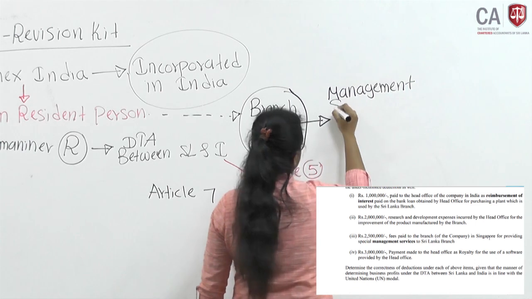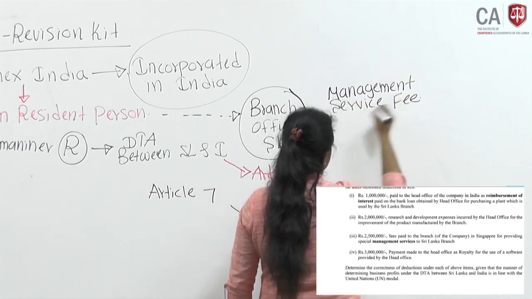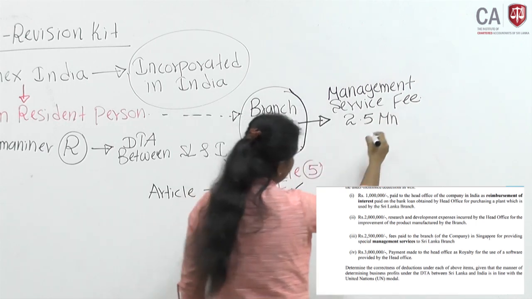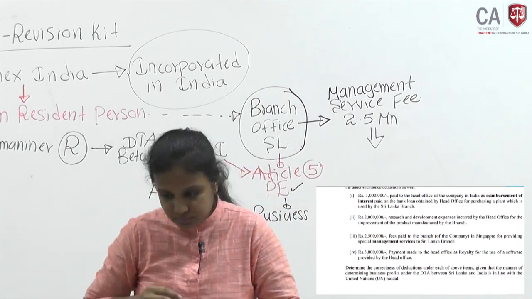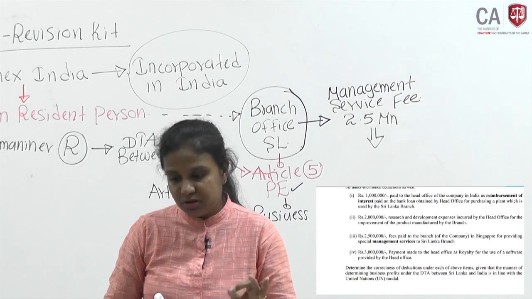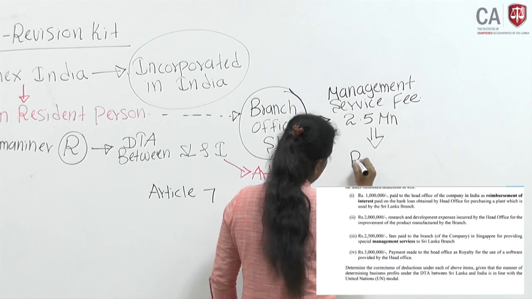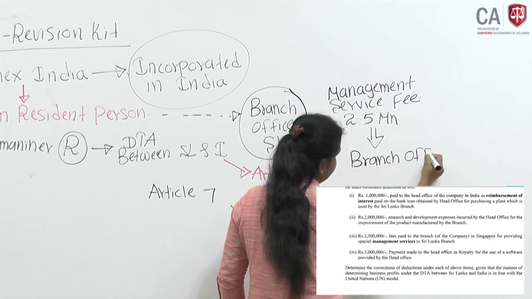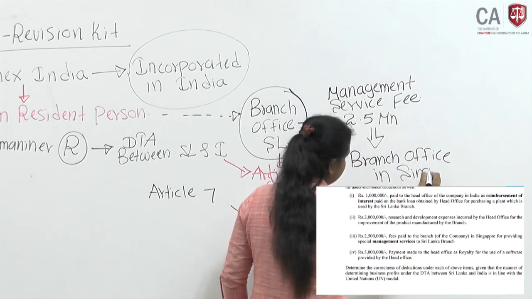Management service fee, 2.5 million, paid to whom? Paid to the branch of the company in Singapore, another branch office in Singapore.